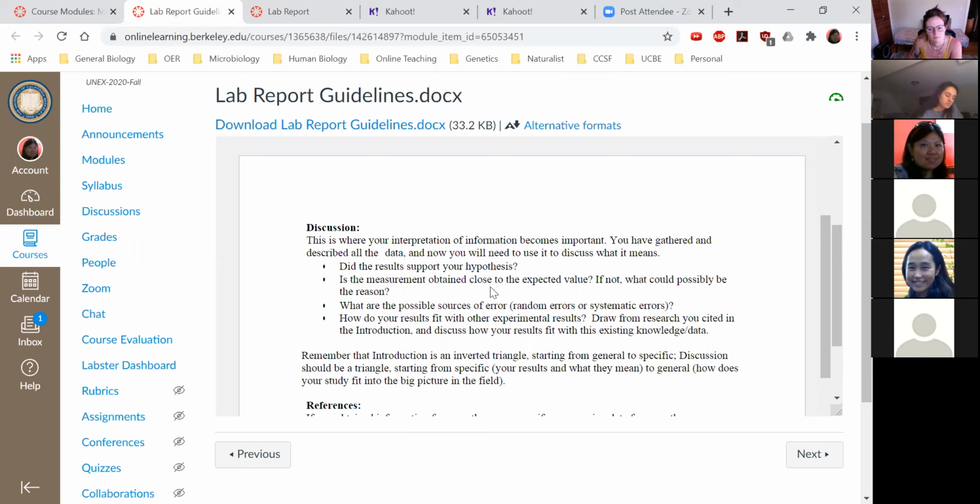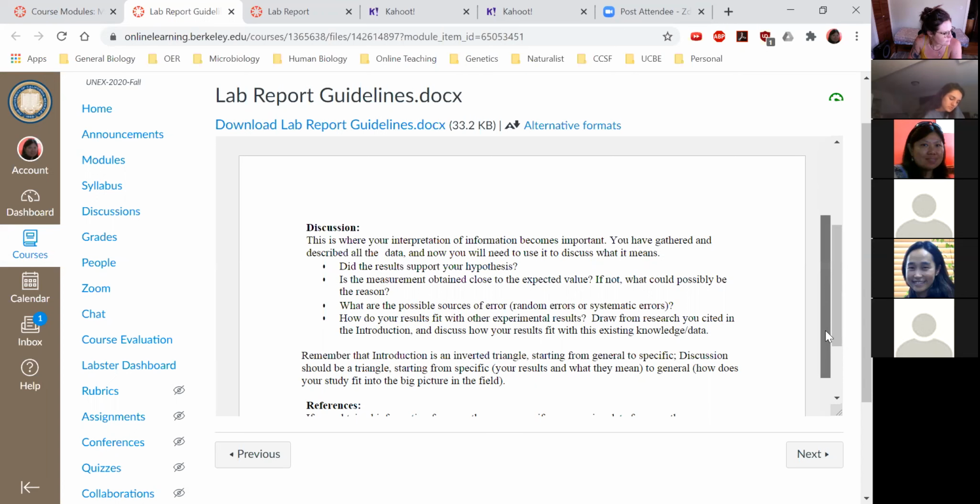Did it falsify your hypothesis? How does it compare with other studies? Most experiments fail if you're working in the lab, so are there some possible errors, or what are the sources of errors? And then what's your general conclusion?